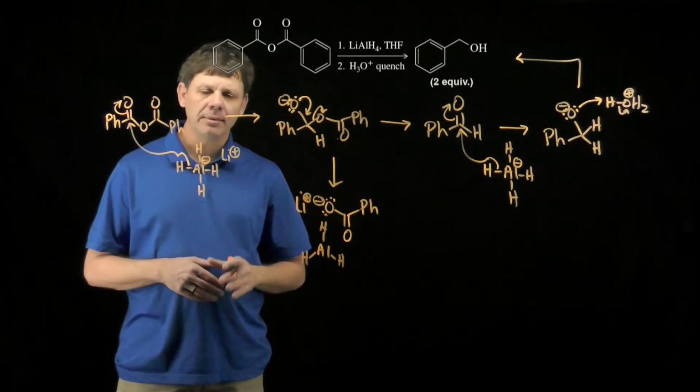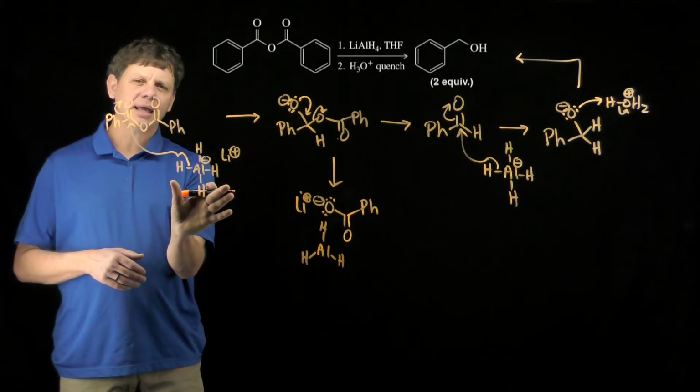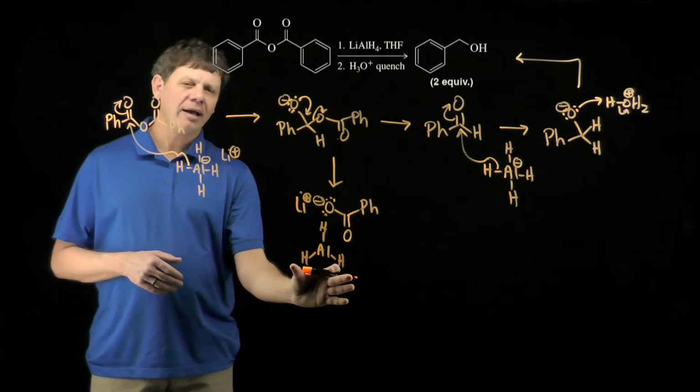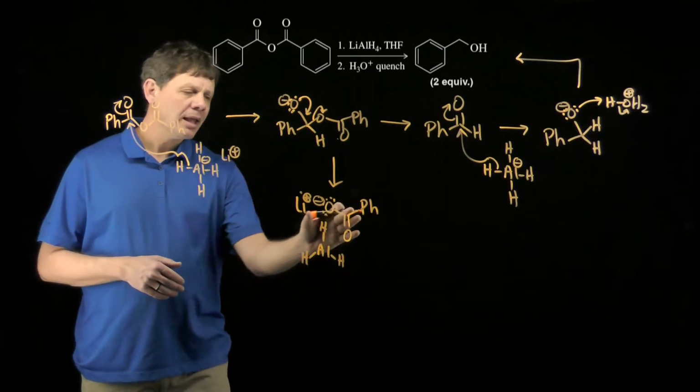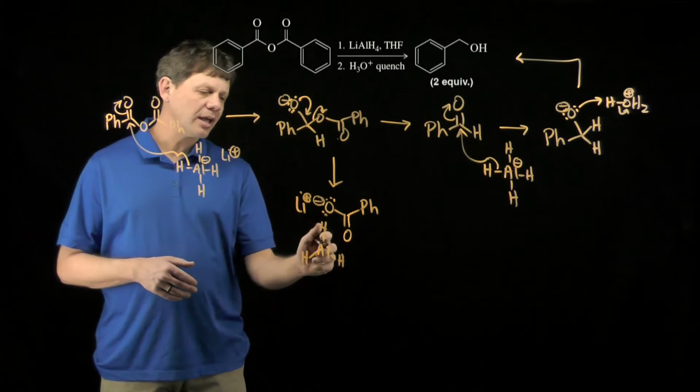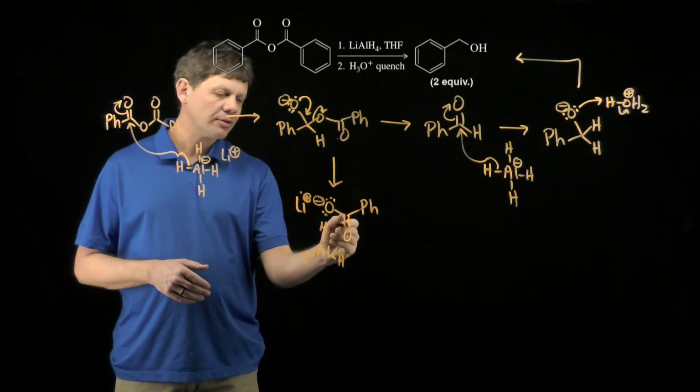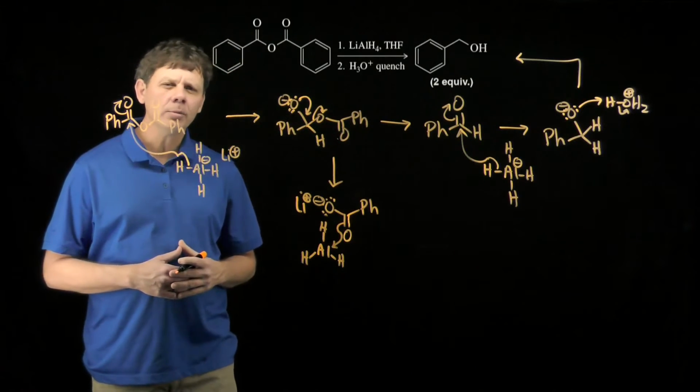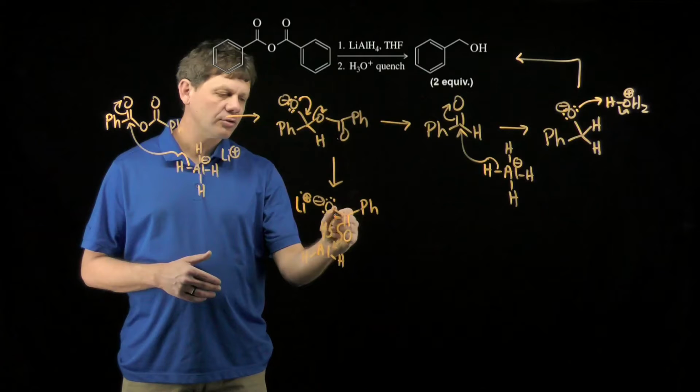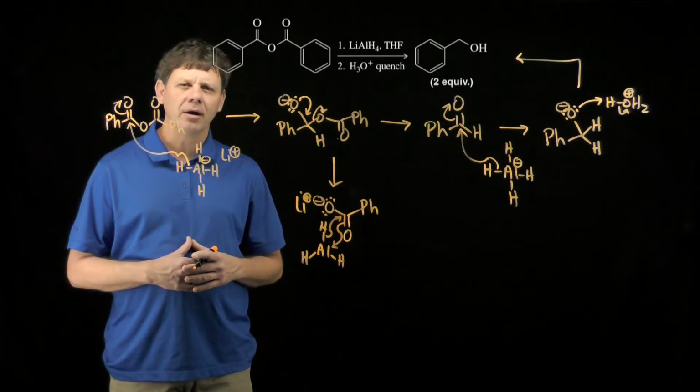Let me explain what I mean by that. When the aluminum hydride gave up H-, we now have alane that is present. And carboxylates can react with alane where the pi electrons are donated to the aluminum and H- transfers to the carbon of the carbonyl.